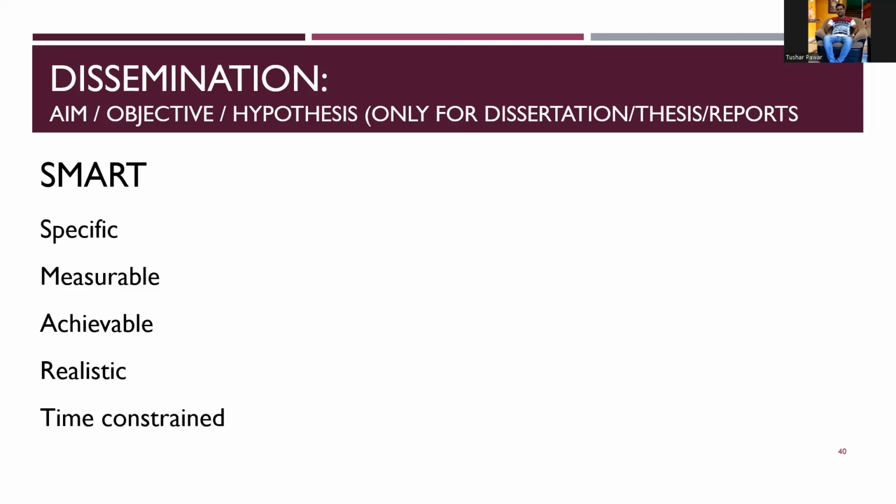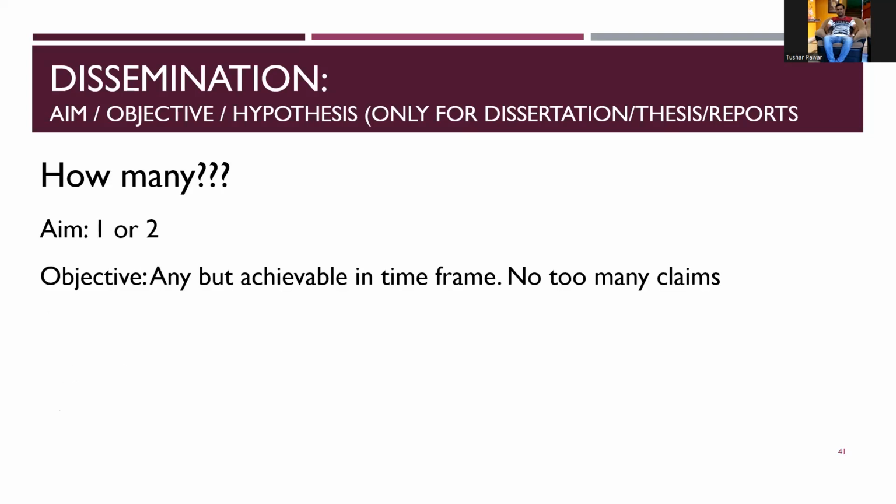And the time constraint, where you have to be sure that you are completing it without delay. How many aims can be there? One or two. Objectives, any number, but achievable in the time frame.